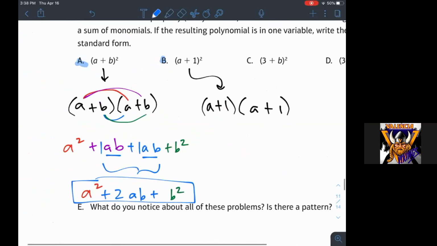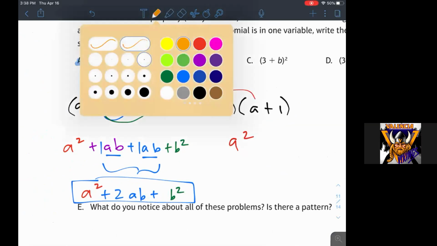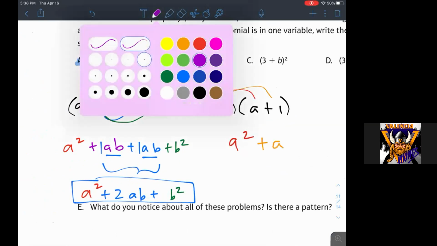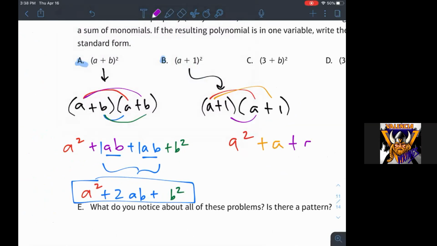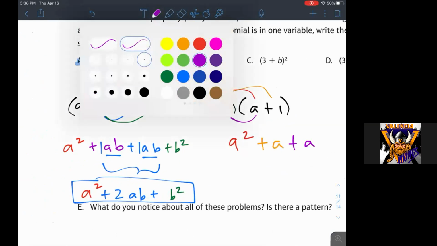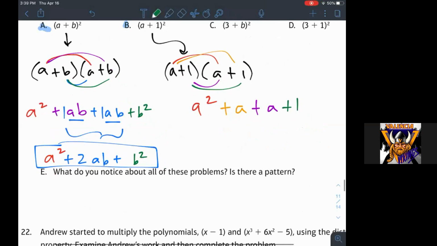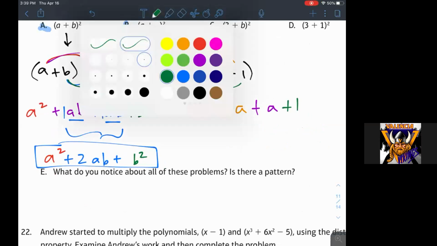Last but not least, 21B, same process, just a little bit different. A times A squared. A times 1 is just 1A. 1 times A is also just 1A. In rapid fire, as you see me FOIL and distribute quick, 1 times 1 is 1. Guess what? We have like terms here once again.